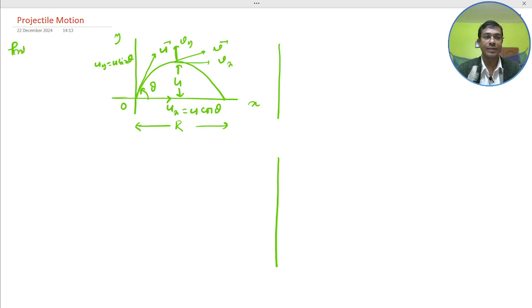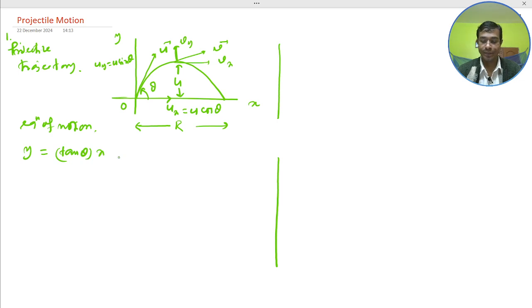So projectile trajectory. First one, the equation of path followed by a particle in projectile motion, the equation of motion is y equal to tan theta x minus g by 2u square cos square theta x square.